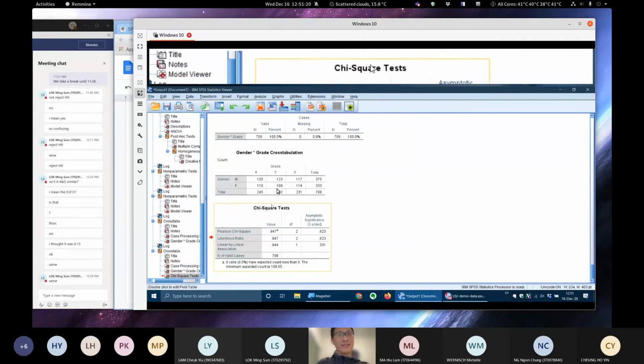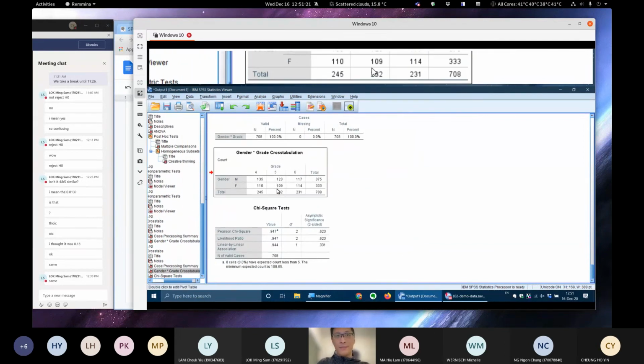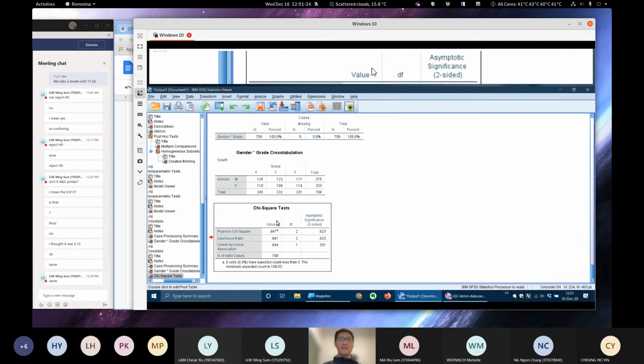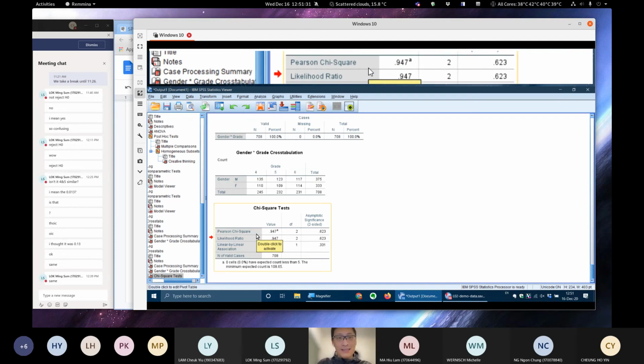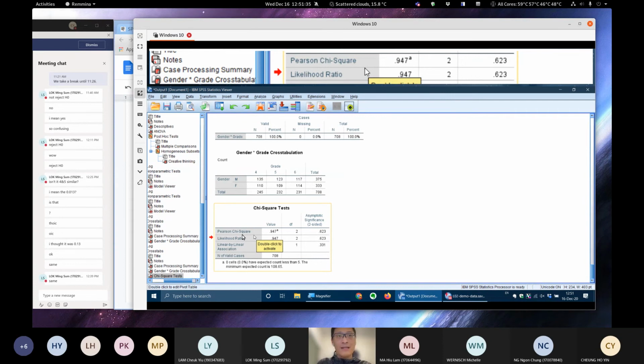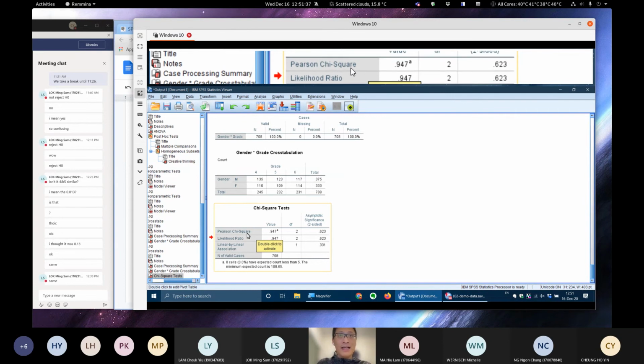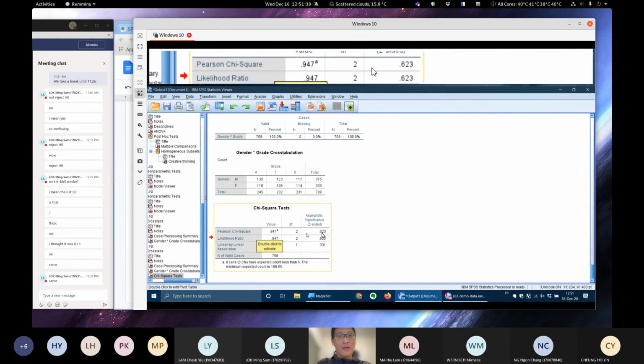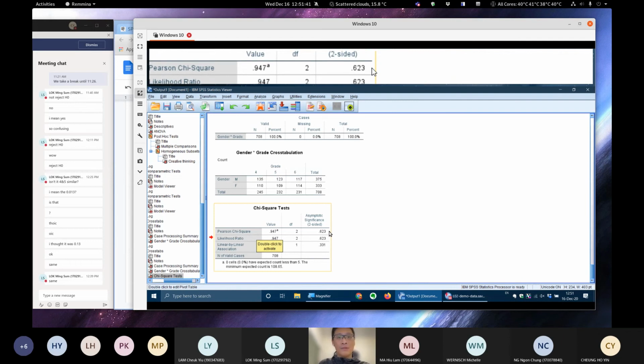This time you get the same cross tabulation table, but you also have the chi-square test. You have a number of rows in the chi-square test, but the only number that you need to look at is the Pearson chi-square, the first row, and then go to the right-hand side to look at the last number. That is the p-value. 0.623 is the p-value of your chi-square test.